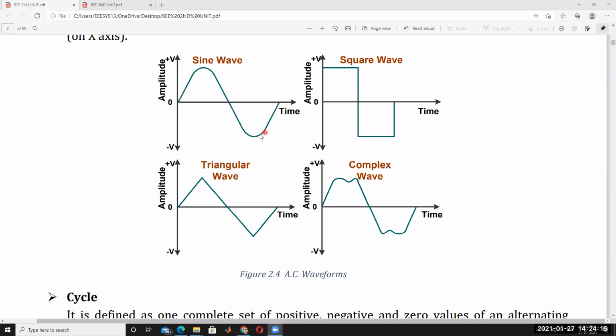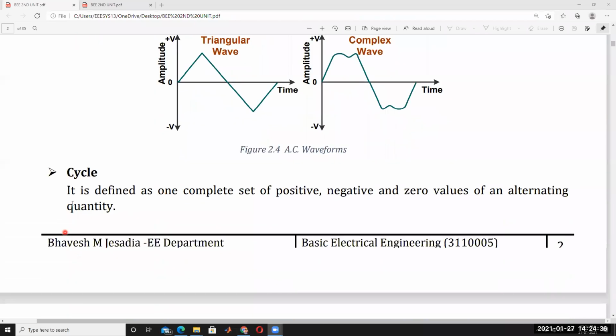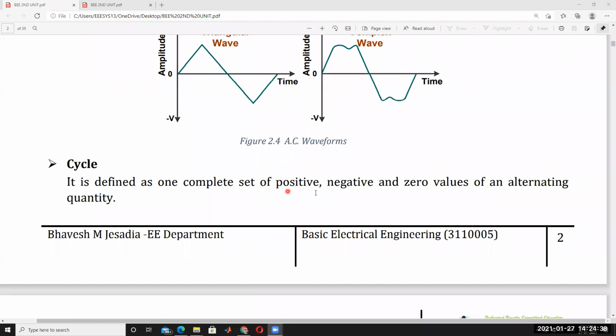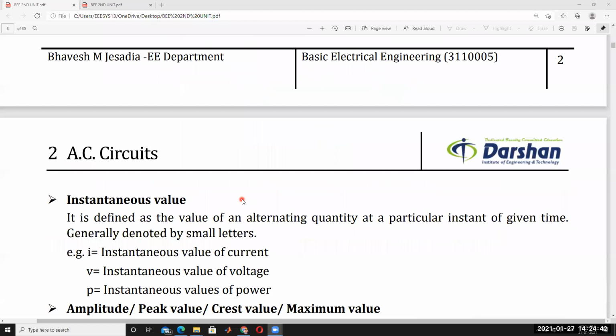From 0 to 180 degrees is called a half cycle, and 0 to 360 degrees is one cycle. In the square wave, from here to here is one complete cycle. Likewise in the triangular wave, from here to here is a complete cycle.